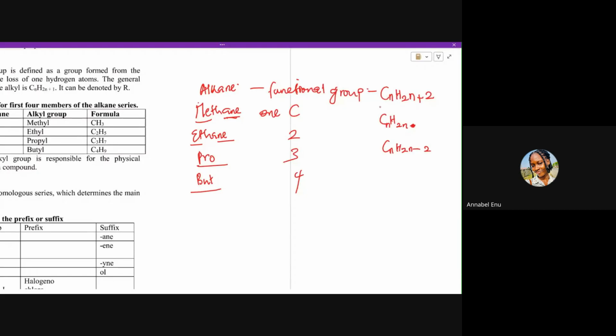Now this general formula can be kind of hard to follow when we talk about more complex or more advanced functional groups, like carboxylic acids, ethers, esters, and those ones.